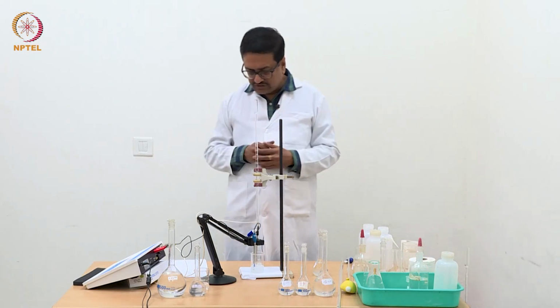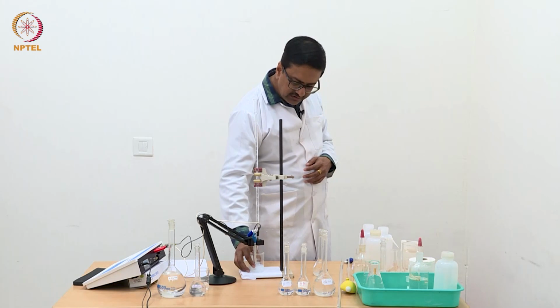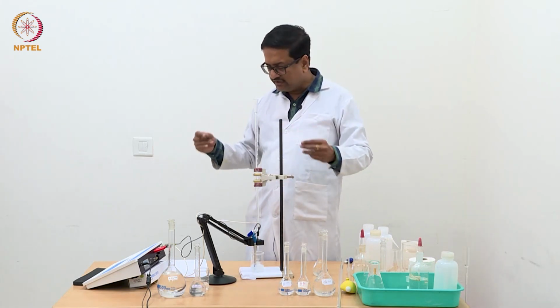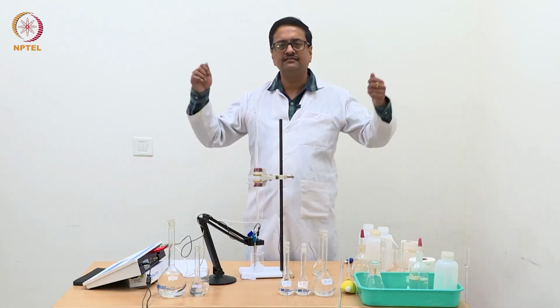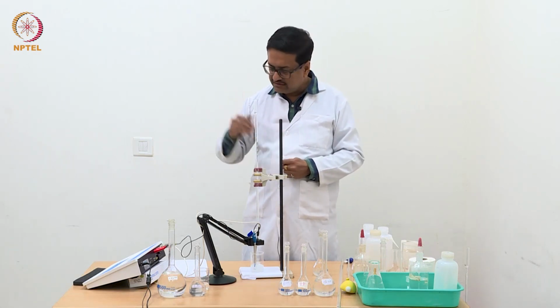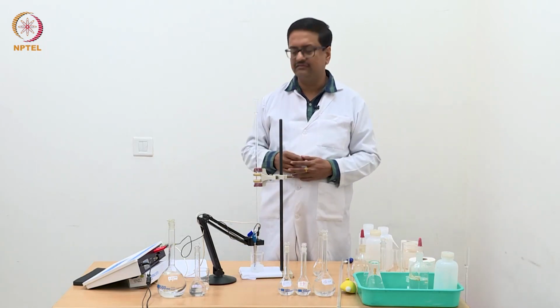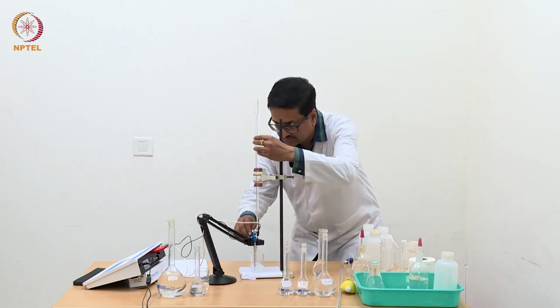So now I am guessing that we are very close to the neutralization or equivalence point, and after another 1 or 2 readings, we will start seeing that the conductance value increases, and then we will take a call at what point one should stop the addition.